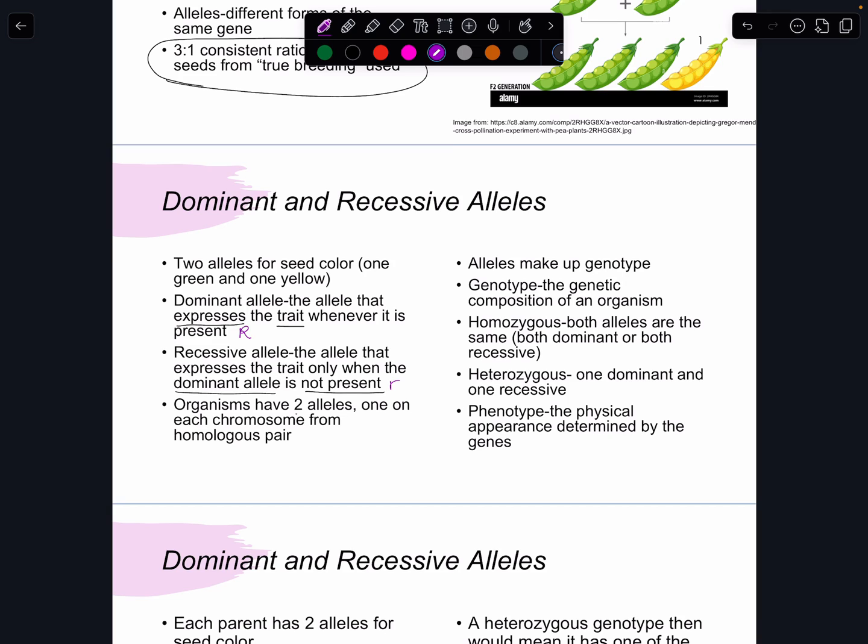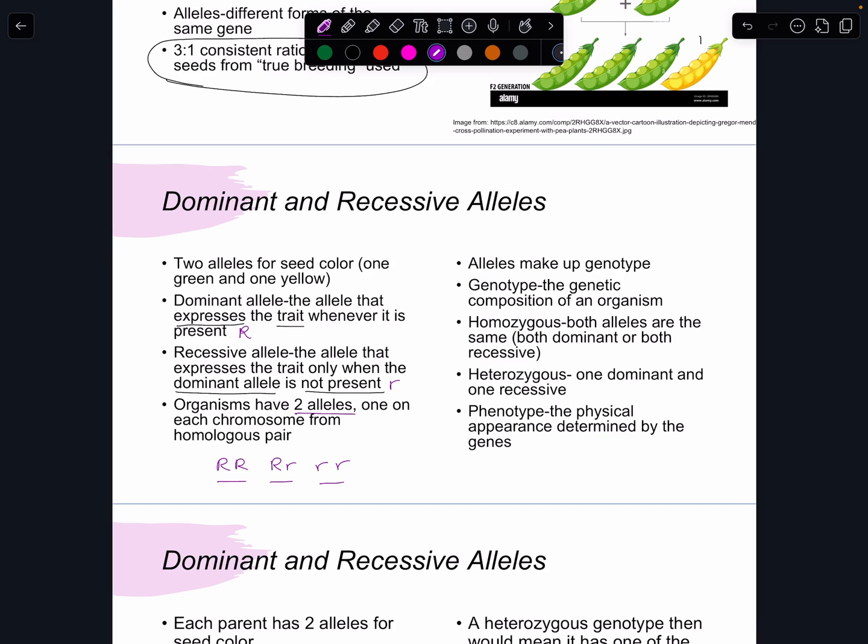So if they have 2, one on each chromosome from the homologous pair, then you would end up with either capital R, capital R; capital R, lowercase r; or lowercase r, lowercase r. So when I say the alleles make up the genotype, each of these combinations would be an example of the genotype.